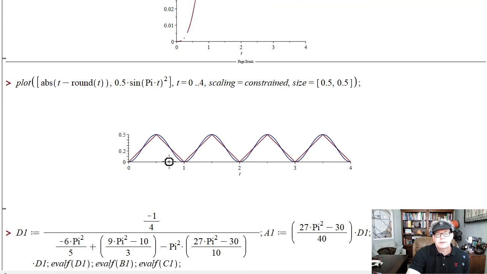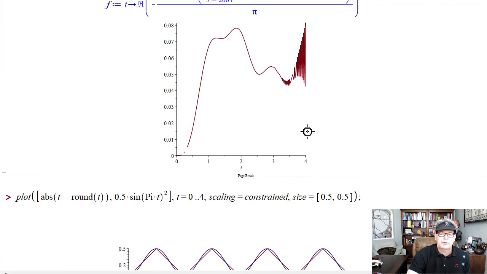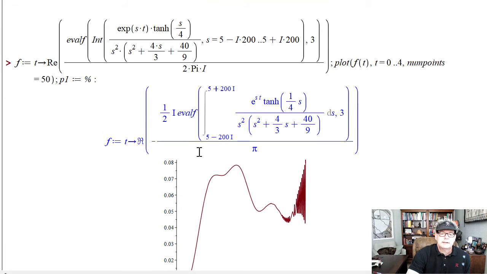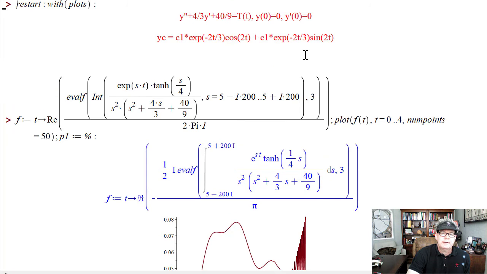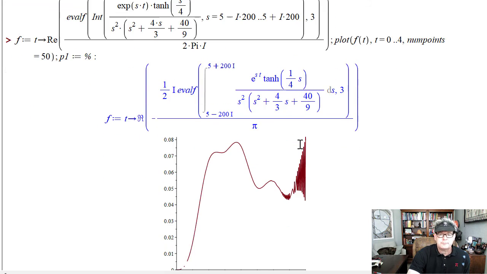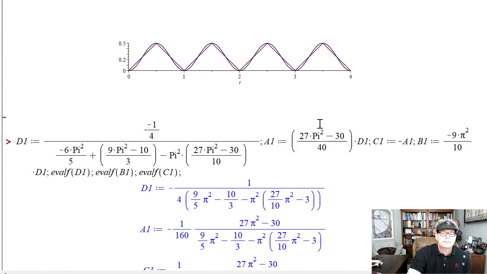Notice it's similar to sine squared. So I actually compared this result I got by doing the integral, right? If I take the Laplace transform, solving for big Y is not too hard. Inverting the transform would not be easy. But this is a graph of that integral, like before.